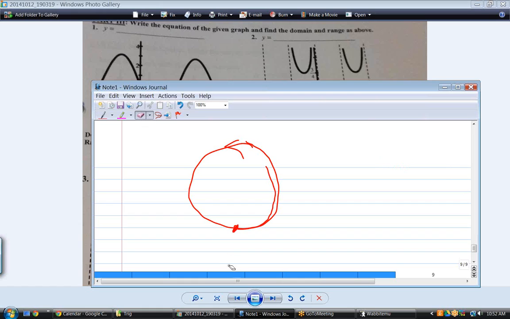Now, if I were to start right here, my platform is not at one of those key points, then I've got a phase shift in there. In other words, I'm not starting right here.